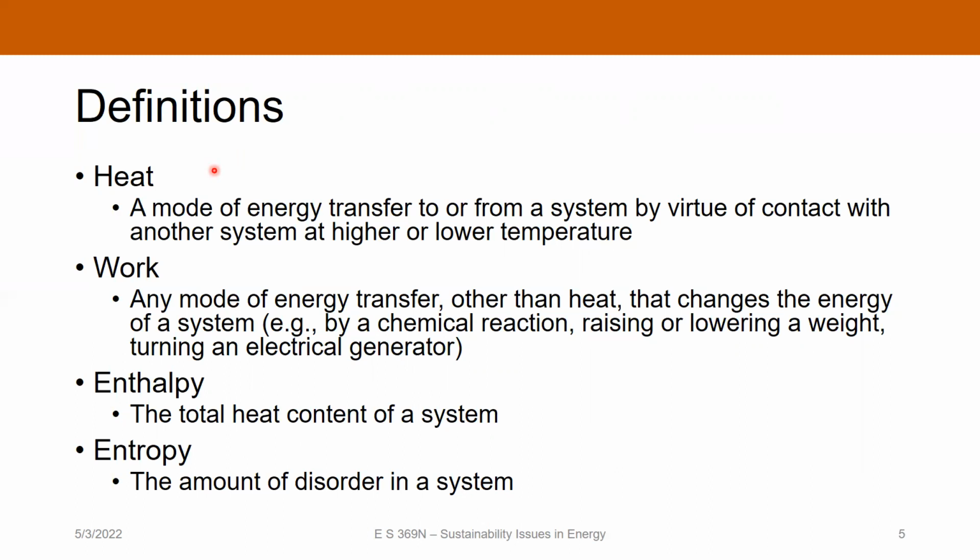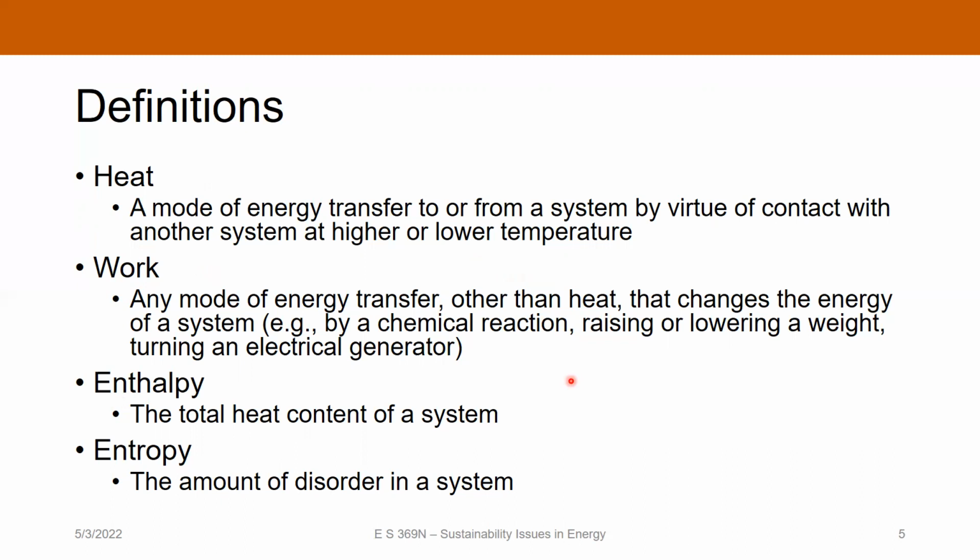Same thing if I take that hot pot and put ice cubes in it, the pot will cool down and actually the ice cubes will heat up also. So there's heat transfer going on there. Now work is any other mode of energy transfer besides heat that changes the energy of a system. So these can include chemical reactions, raising or lowering a weight, turning on an electrical generator.